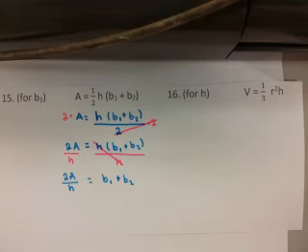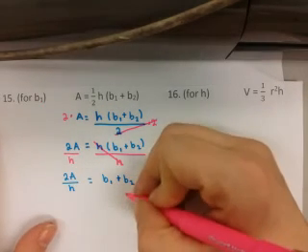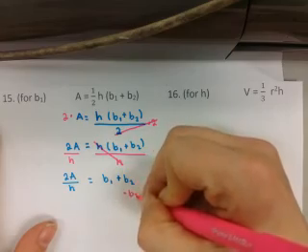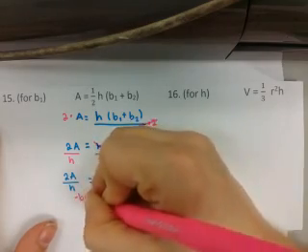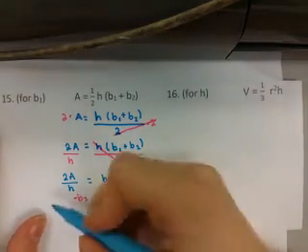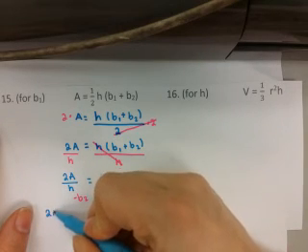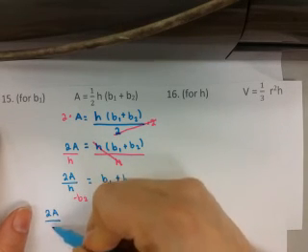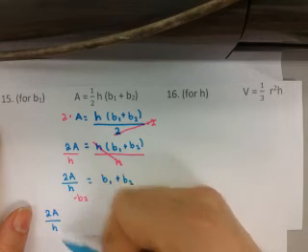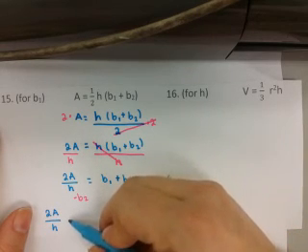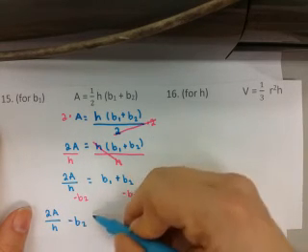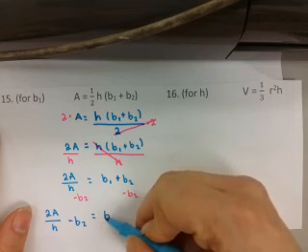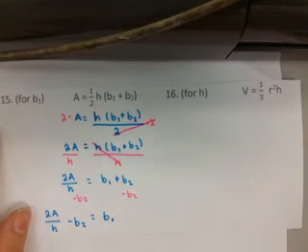So now this becomes a lot easier. In order to undo addition, we just subtract. So we're going to subtract b2. So our final answer here, it took a few steps, but as long as you follow each step, it's really not that bad. We've got 2a divided by h, then minus b2, and that equals b1.